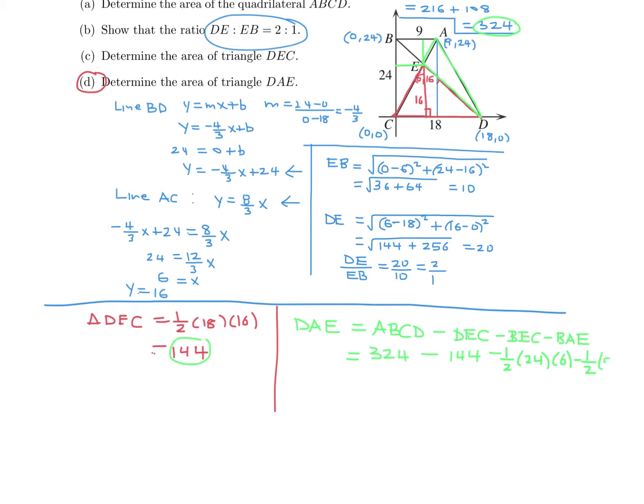The base is 9, and then the height would be the distance from 16 to 24 on the y-axis, which is a distance of 8. So there you go. And then this math is 324 minus 144 minus 72 minus 36, and that is 72 when it's all calculated. And there you go.